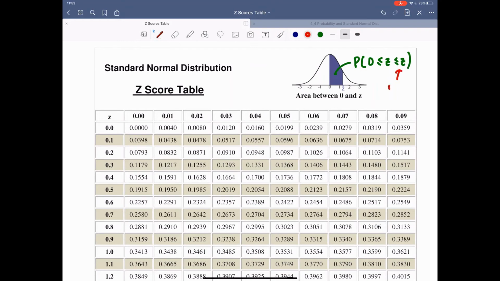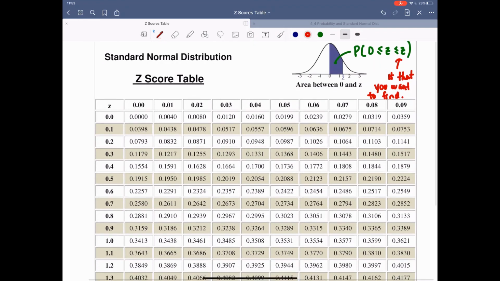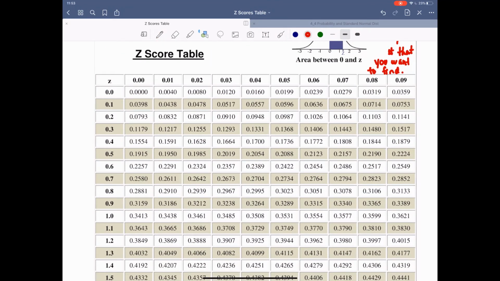And the second z there is a number that you want to find. Okay, so the z scores are all rounded to 2 decimal places. You'll see the first decimal place of your z-score is listed in the vertical column under z, and then the second decimal place is in the row next to your z value. Okay, so I'll go through how to use that in a second.